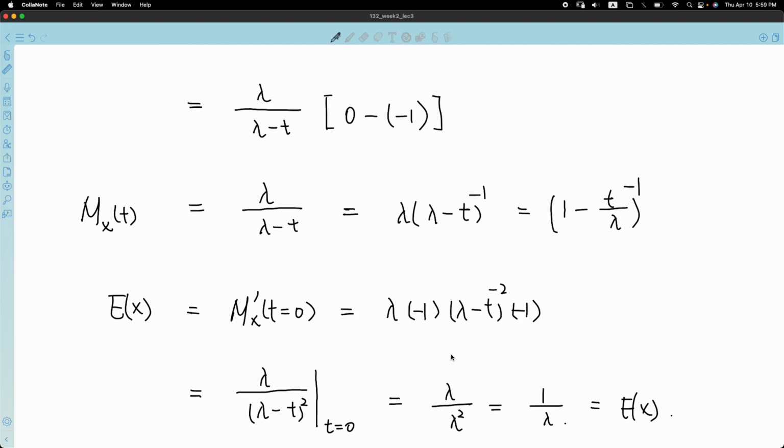The equality holds. I'm just rewriting it in a different form. Good question. Later I will comment a little on the reasoning for this expression. We haven't used it so far, but they are the same, which is the moment generating function for the exponential distribution.